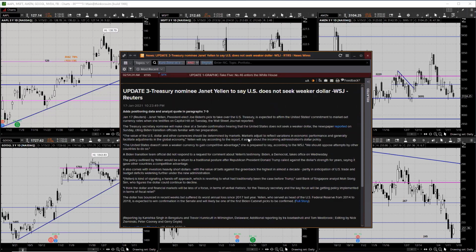When she testifies on Capitol Hill on Tuesday, the Wall Street Journal reported the Treasury Secretary nominee will make clear at her Senate confirmation hearing that the United States does not seek a weaker dollar, the newspaper reported on Sunday, citing Biden's transition officials familiar with the preparation. The value of the U.S. dollar and other currencies should be determined by markets.